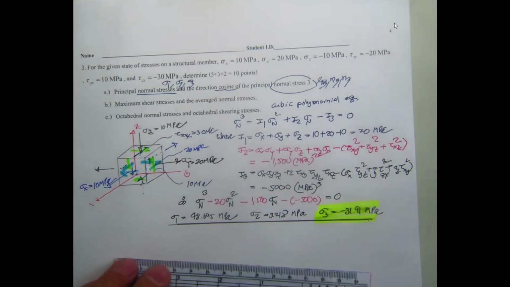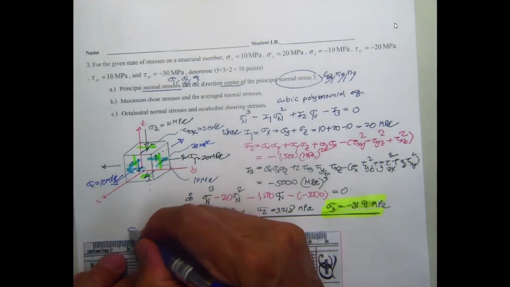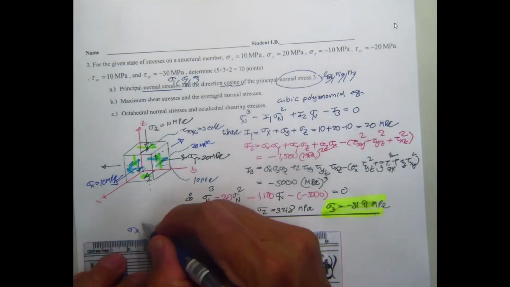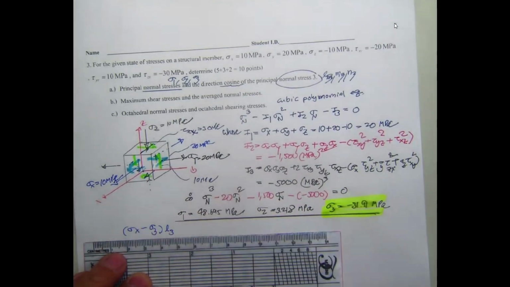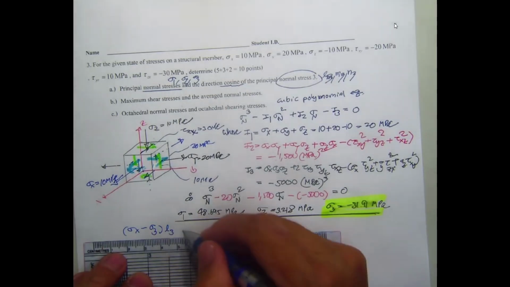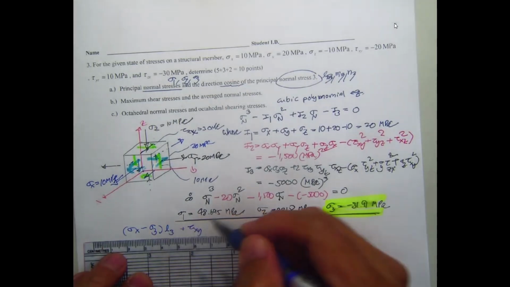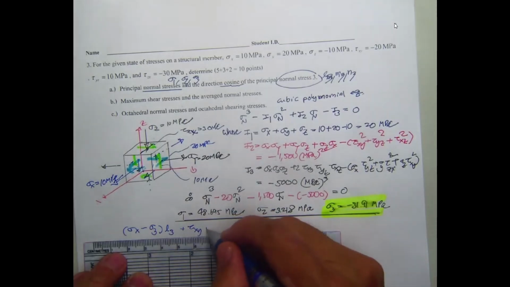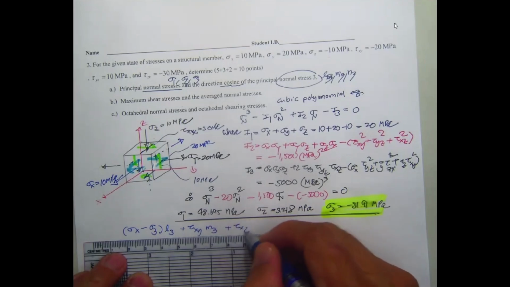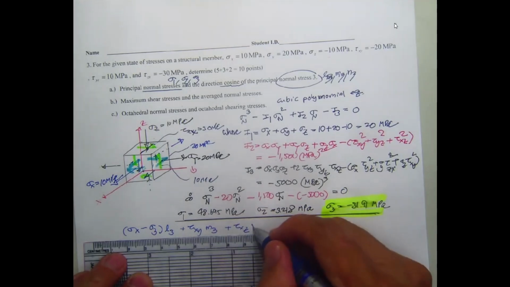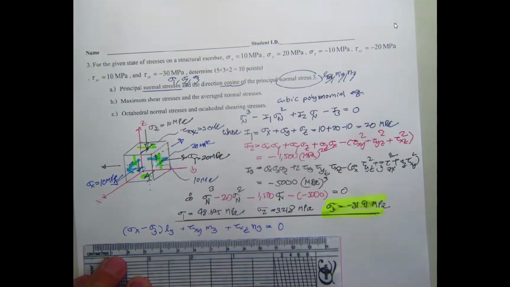For example, you may take sigma x minus sigma 3 times L3, plus tau xy times M3, plus tau xz times N3 equal to 0.